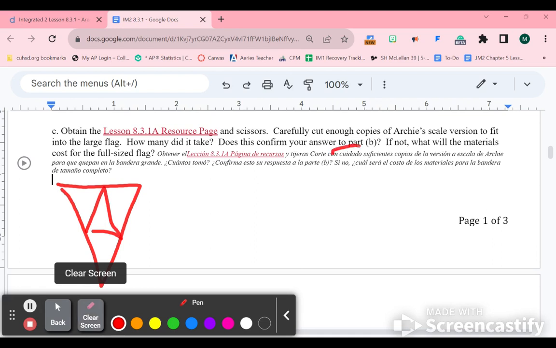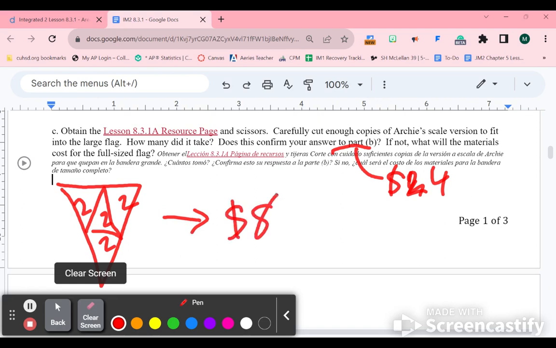So in part B, we said that it would cost $4, but we were wrong, because each of Archie's flags cost $2, and instead of doubling the number of little flags, we have to multiply that by 4. So actually, the big flag should cost $8.